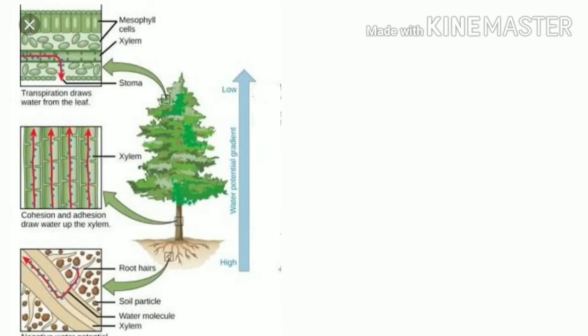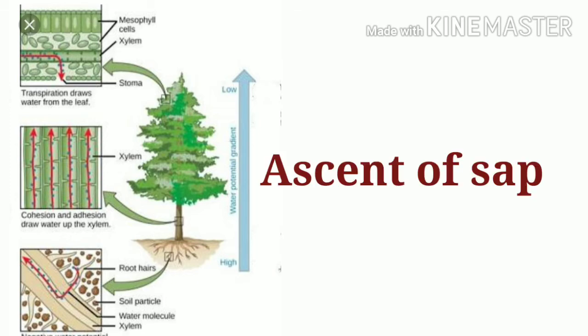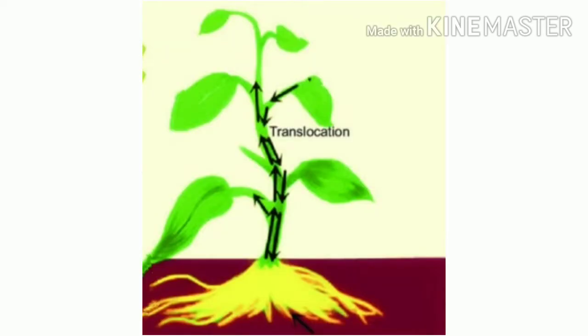The upward movement of water and dissolved minerals from roots to aerial parts of the plant through xylem is called ascent of sap. Whereas the process by which organic food materials are transported through phloem from the place of synthesis to the different storage organs of a plant is called translocation.